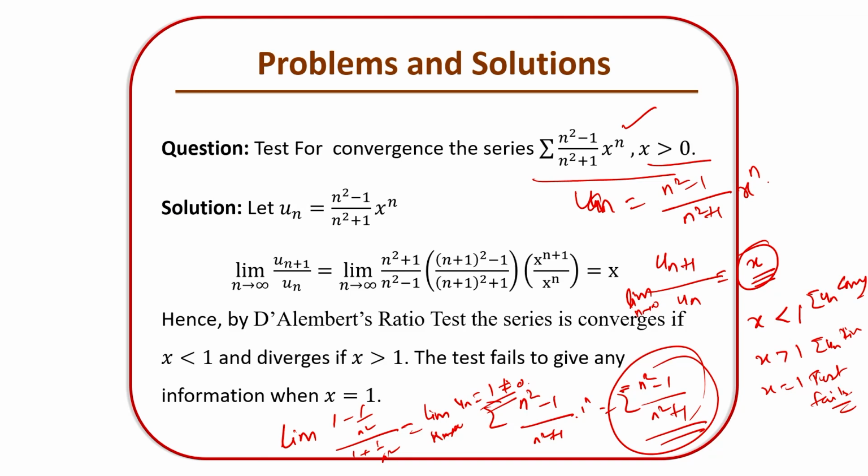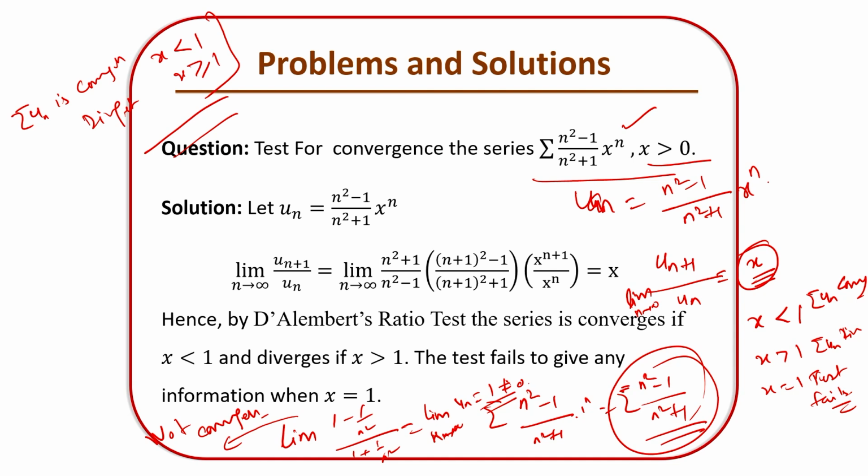So you can use the basic theorem here that this series is not converging. So at the end you have to conclude that this series u_n is convergent when x is less than 1 and divergent when x is greater than or equal to 1.